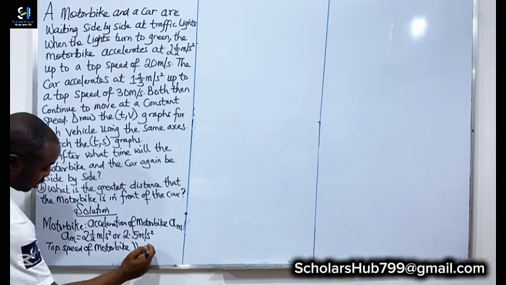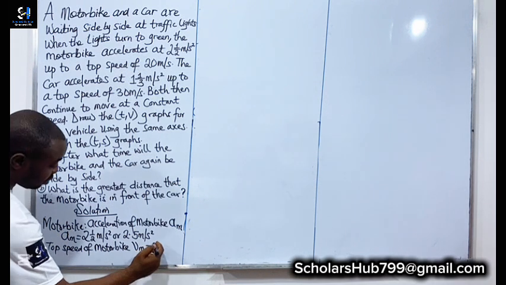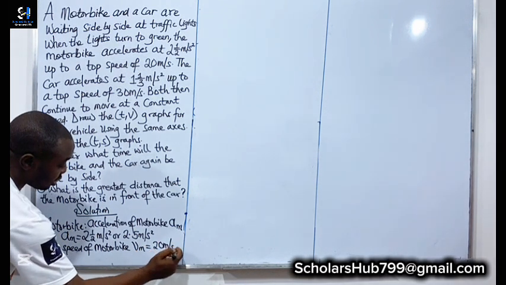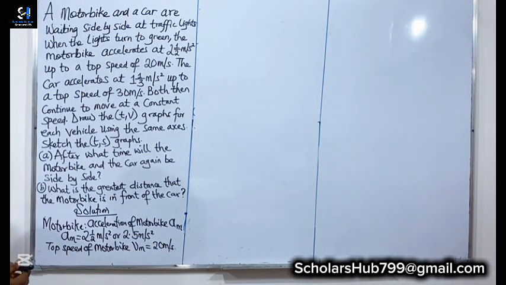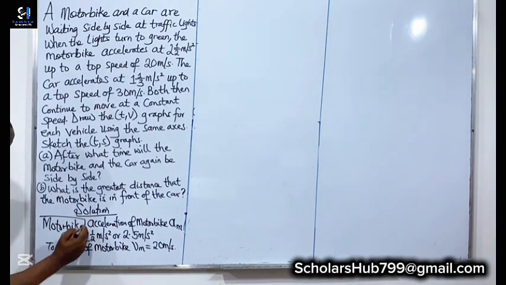So the top speed, let's designate that with V subscript M, will be 20 meters per second. So this is for the motorbike.